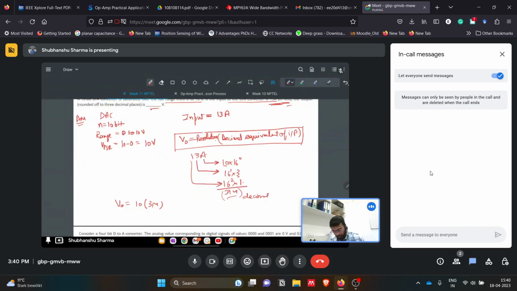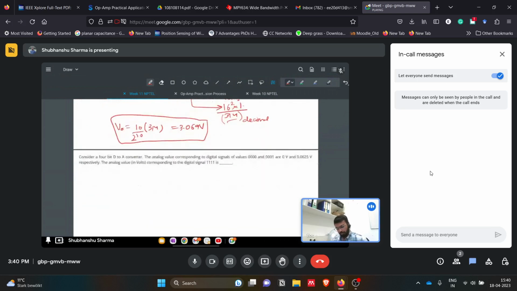So we will be having 10 divided by 2 to the power 10, into 314, which is 3.069 volt. So this will be the output for this equation.